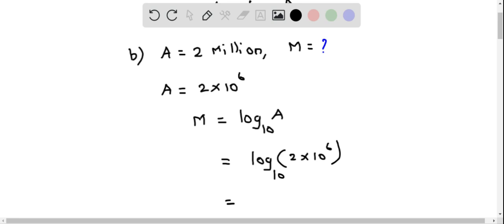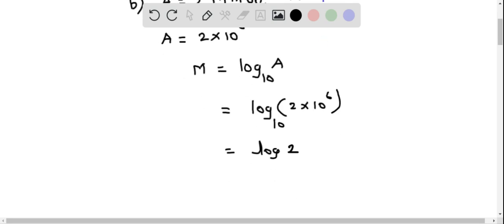Now using the properties of logarithms, we can rewrite this logarithm as log 2 base 10 plus log 10 power 6 to the base 10.